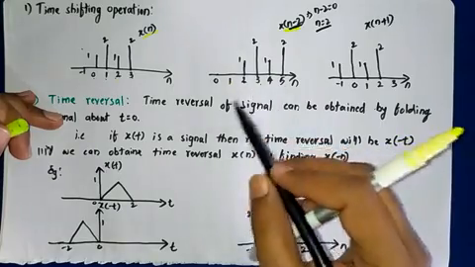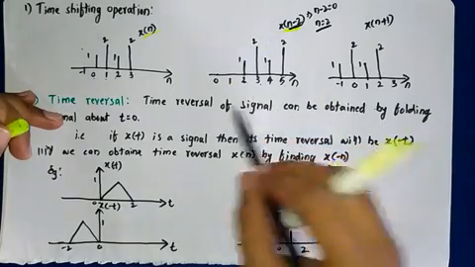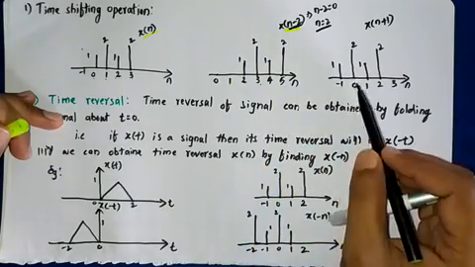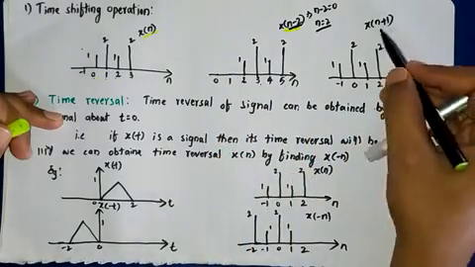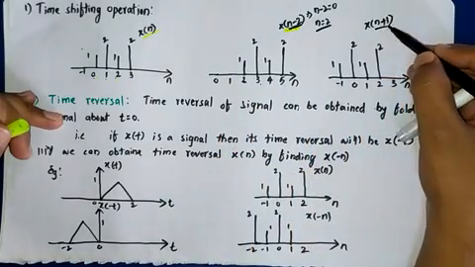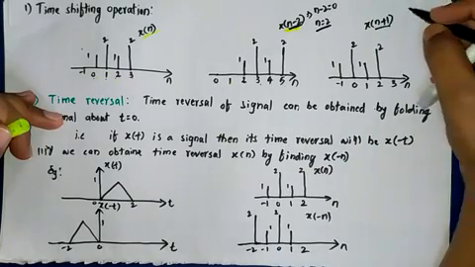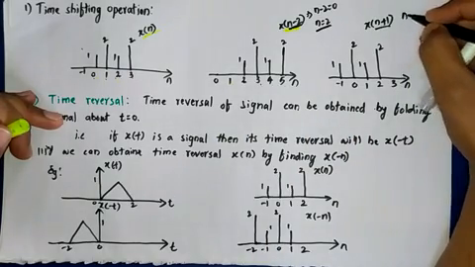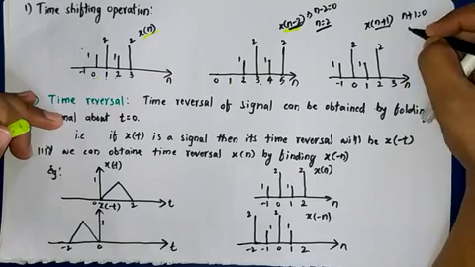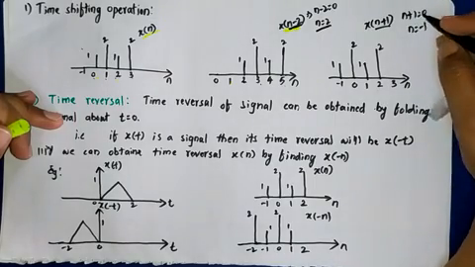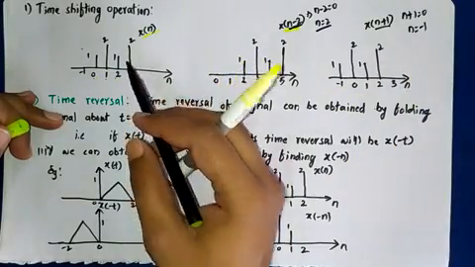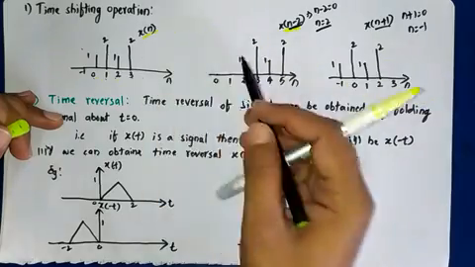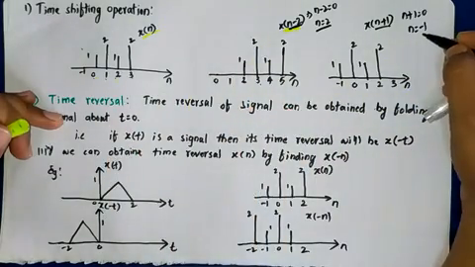Now shifting also comes with advancing the signal. Advancing means shifting towards the left side, and the terms inside this bracket come as plus here. So again, if I want to solve this, n plus 1 equal to 0, so n will come as minus 1. It means if I want to advance the given x of n signal, if I want to shift x of n to the left side, I have to start it at minus 1.